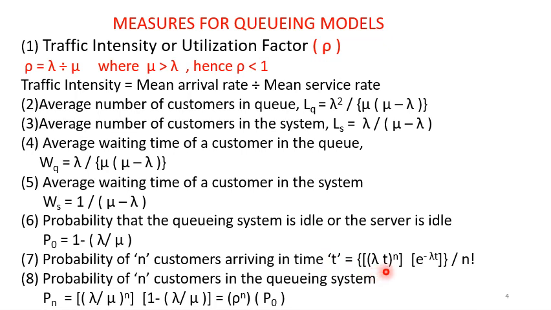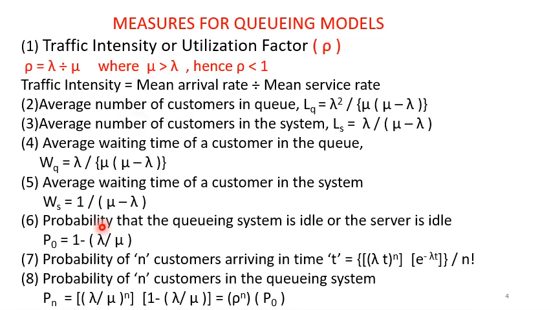That will be (lambda t) raised to n into e raised to minus lambda t, divided by n factorial, where n is the number of customers arriving in time t. Here e is the base of the natural logarithm, lambda refers to the mean arrival rate, n is the number of customers, and t is the time.